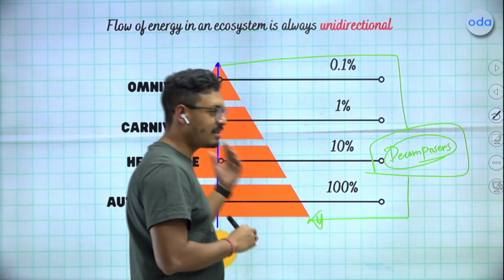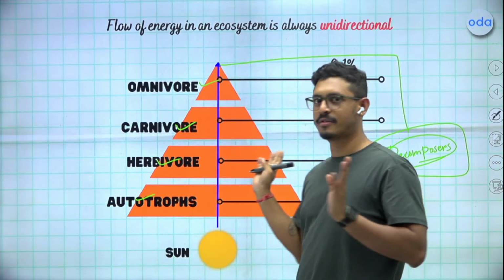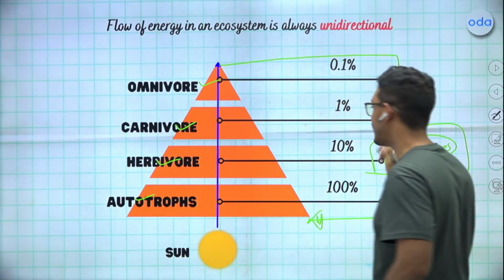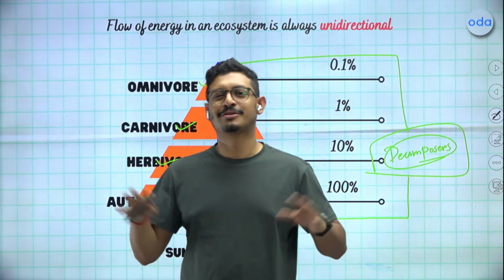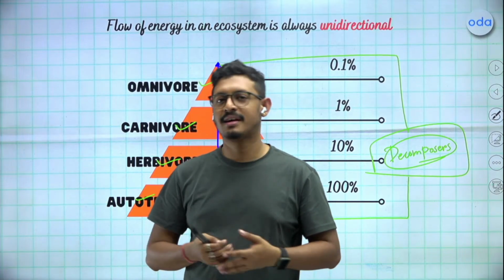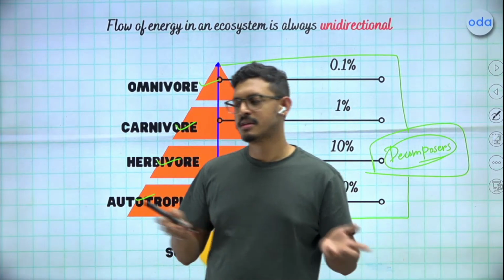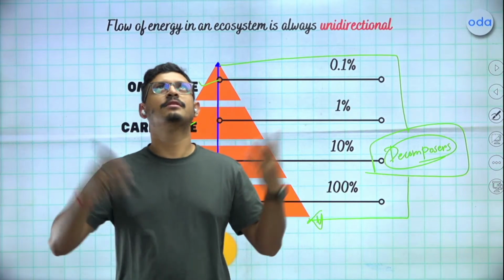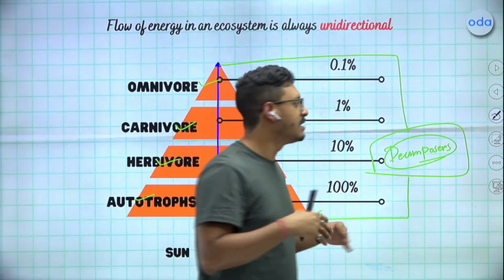Decomposers will take all these bodies, whether omnivore, carnivore, herbivore, consumer, autotroph, animal or plant, and break them down into their constituent materials: carbon dioxide, oxygen, nitrogen, different nitrogenous compounds, oxide compounds, and put them into the soil. Some of it will be released back into the environment, some put into the soil.